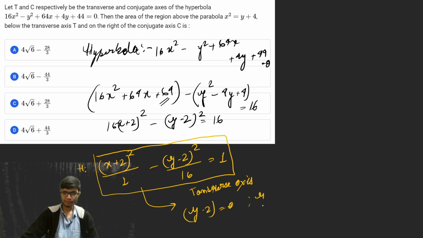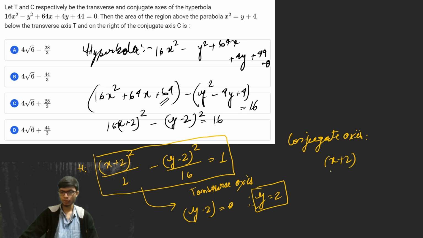So from here I get the transverse axis as y is equal to 2. And for the conjugate axis, we get the line as x plus 2 is equal to 0, that is x is equal to minus 2.